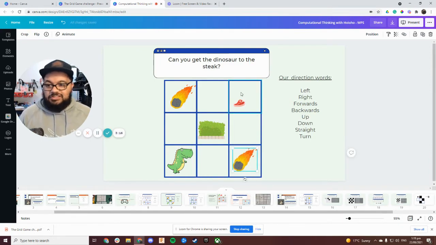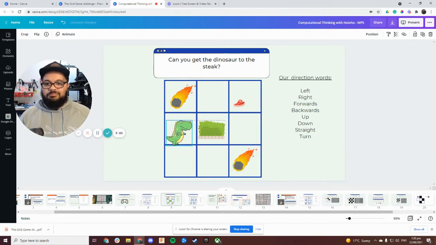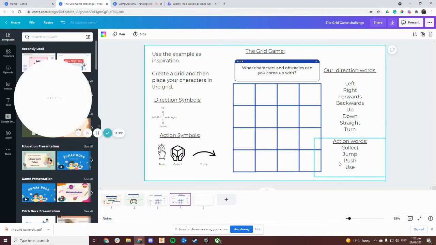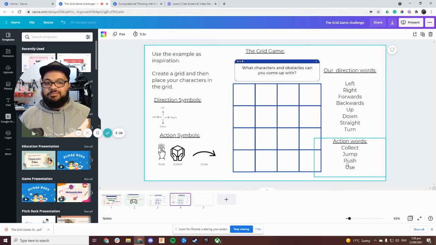So T-Rex needs to get his food, but avoid extinction. So he can move up, and then he needs to move right and jump. We started adding in those action words because they're familiar with some of these things. One of the action words that came out in the call was pull and push and use. They're really familiar with this language, even though they're only 6.